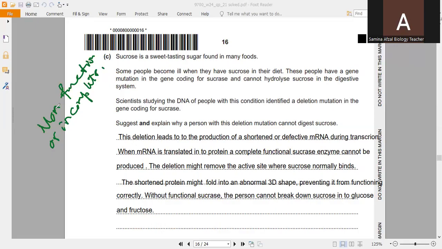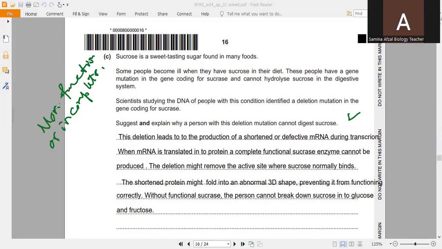In this way, this deletion mutation affects the body of the person who is suffering with this. Now the question is, suggest and explain why a person with this deletion cannot digest food. I have already explained all this.